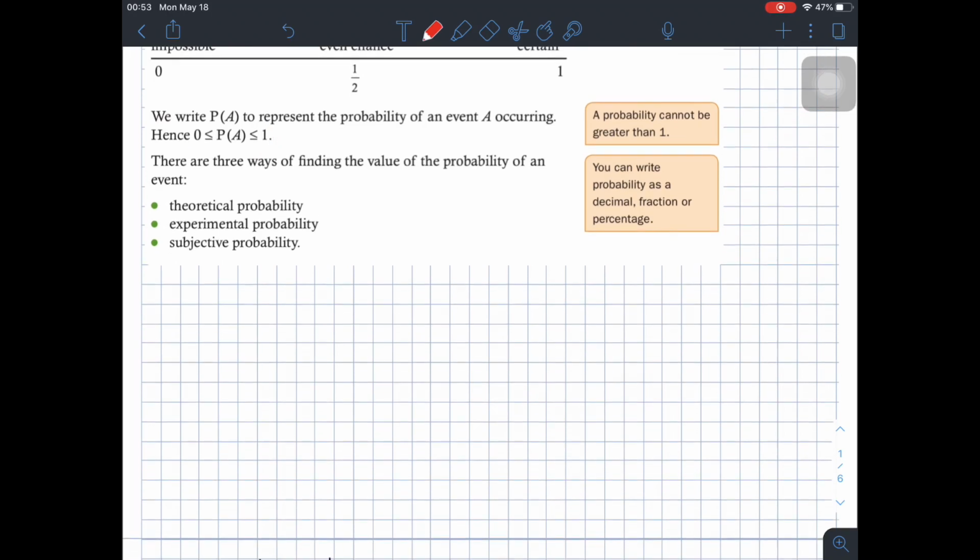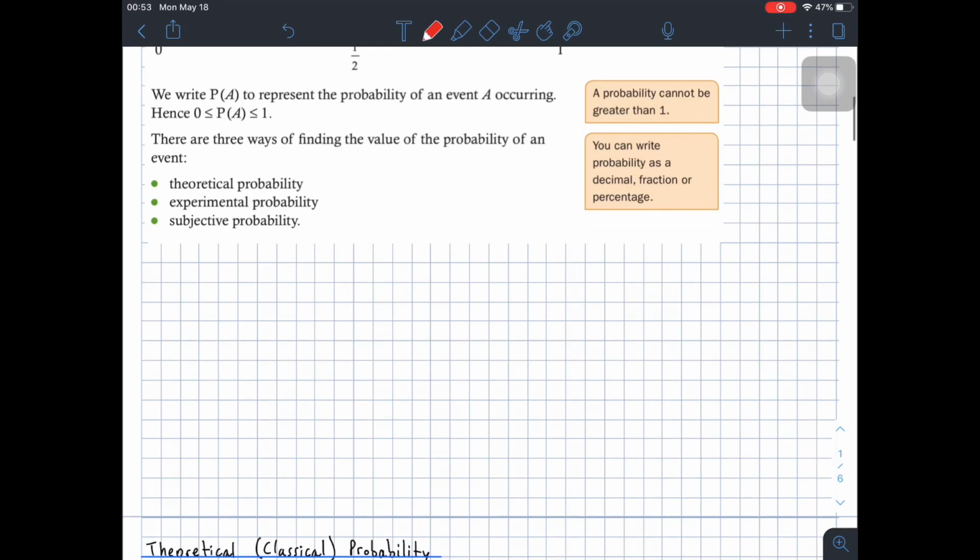Okay? Then it says a probability cannot be greater than 1. So when you work with examples, if you get an answer for a probability and you get, for example, 2.3, this is probably or most probably wrong, right? Because we can never have probabilities greater than 100%, which is 1, okay?